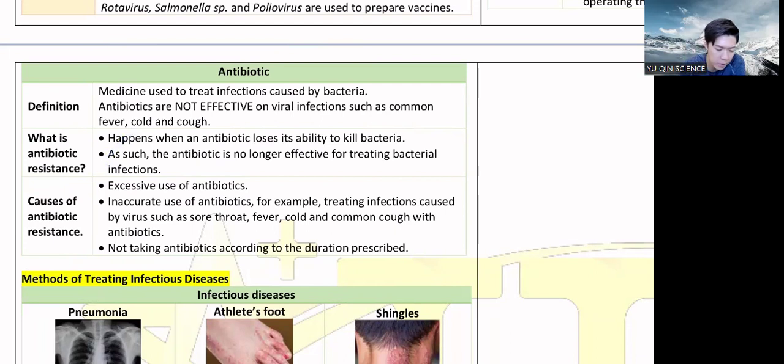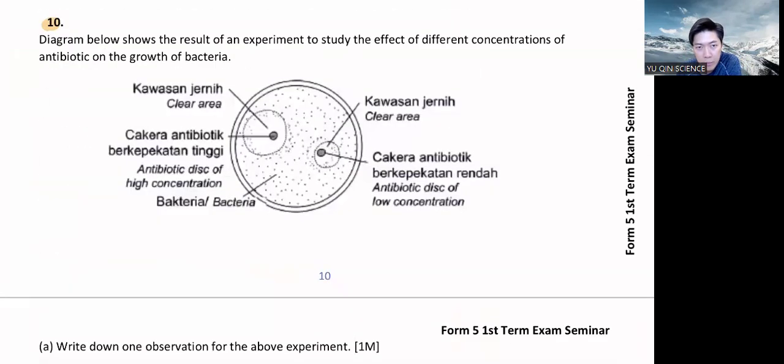Okay, so the experiment looks like that, everybody, to see how antibiotic works to kill bacteria. We are testing different concentrations of antibiotic. We have high concentration and low concentration, so obviously this is my manipulated variable.